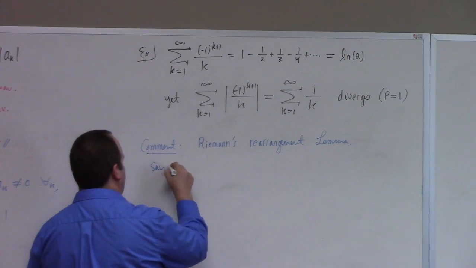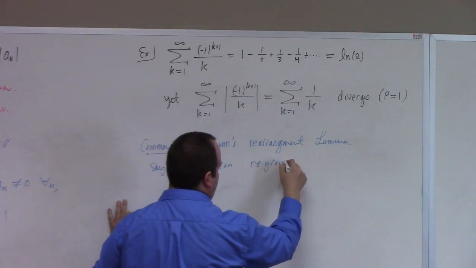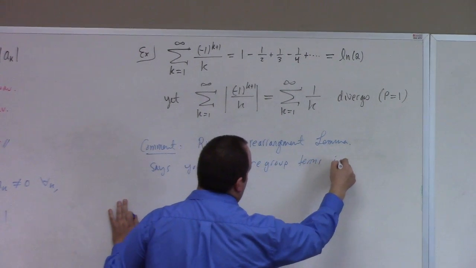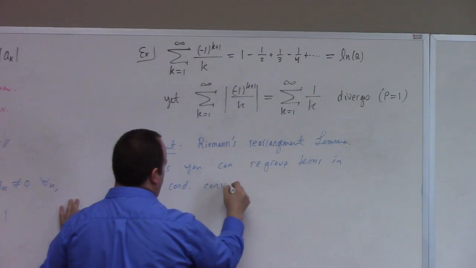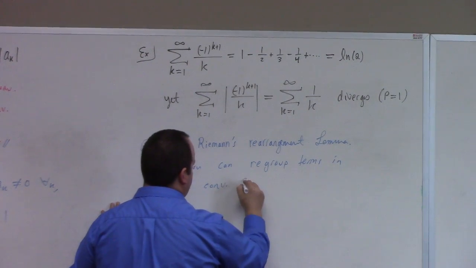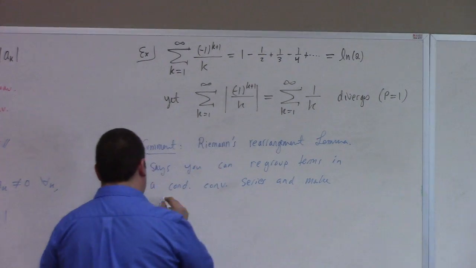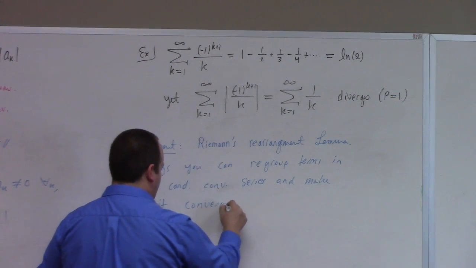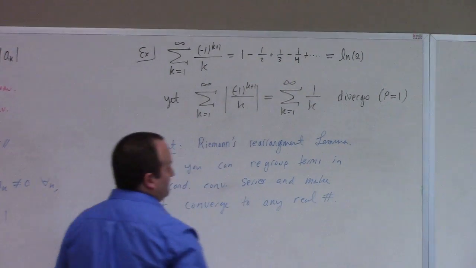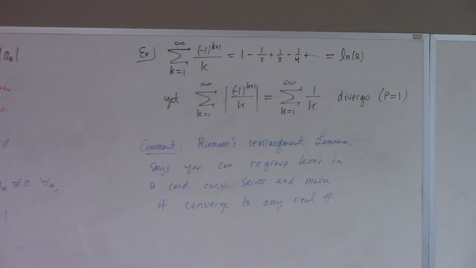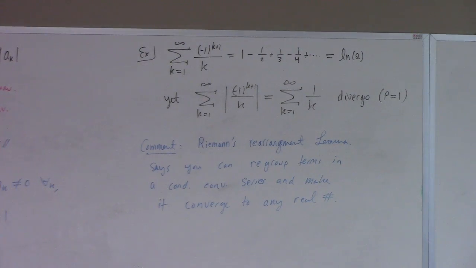It says you can regroup or rearrange, if you like, terms in a conditionally convergent series and make it converge to any real number.